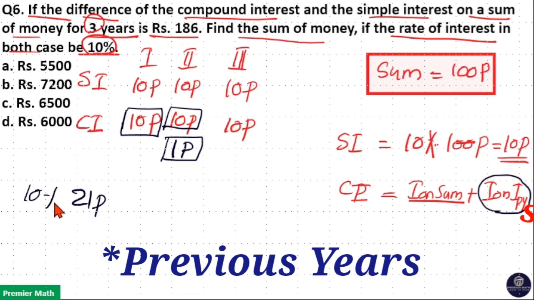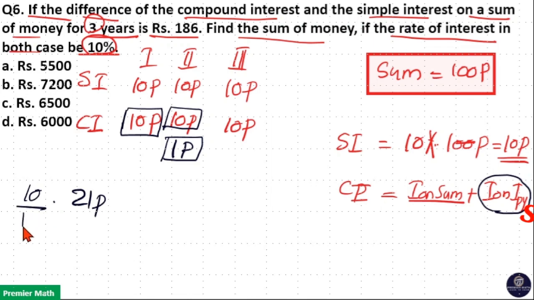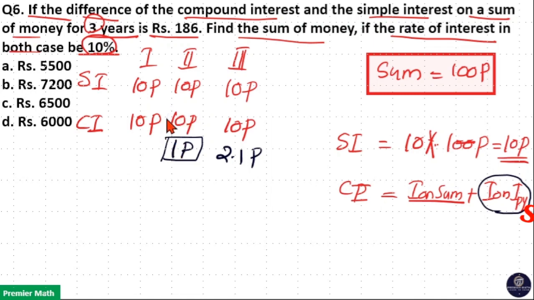So 10% of the 21 part. Here percentage means divided by 100. Now 00 cancel. 21 by 10 is equal to 2.1 part. That is, on third year I will receive 2.1 part as interest.